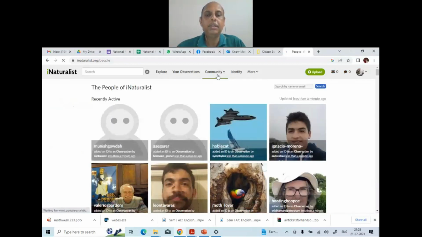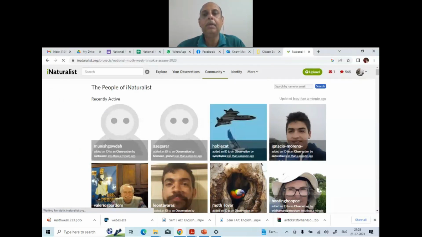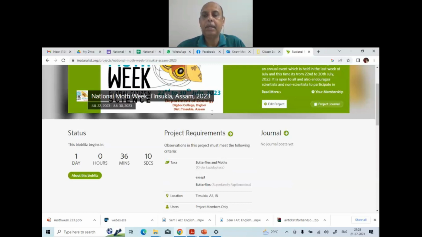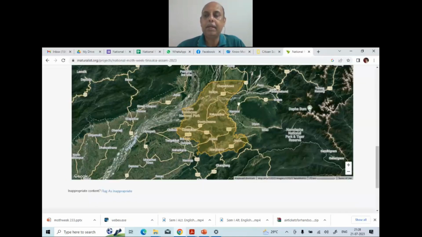So I go to this community part and click on the Tinsukia Moth project. Here you can see the National Moth Week page is already created. This is its location. You can see the district map: Sapekhati, Sadiya, the other north side, then the Jagun side, the last part of Assam, then the Margherita side. Digboi is somewhere here.